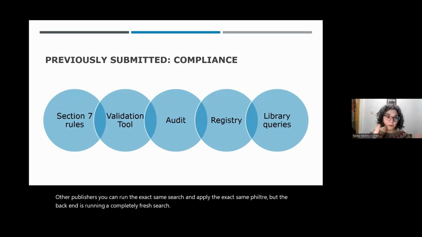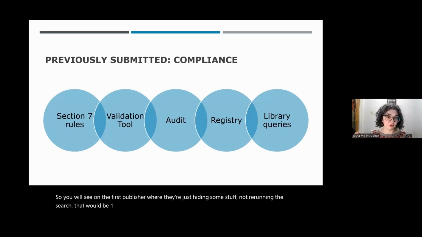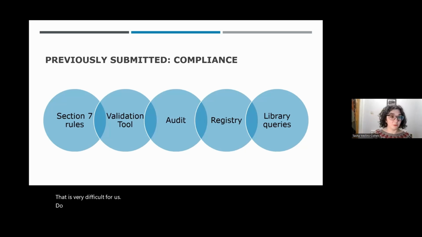So you will see on the first publisher where they're just hiding some stuff, not rerunning the search, that would be one search. On the second publisher where it triggers a whole new back-end process, that's 2 searches. That is very difficult for us to do anything about, because we can't mandate any particular kind of search technology. It's not our business to do that.